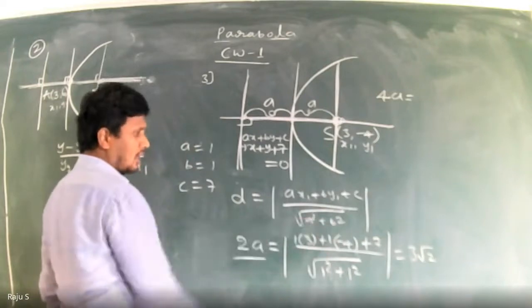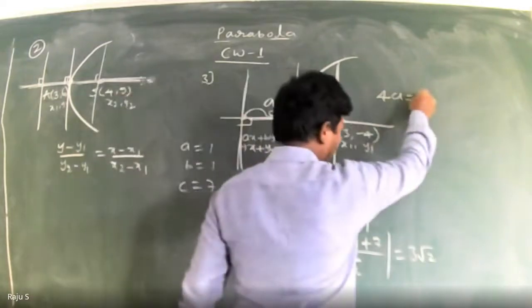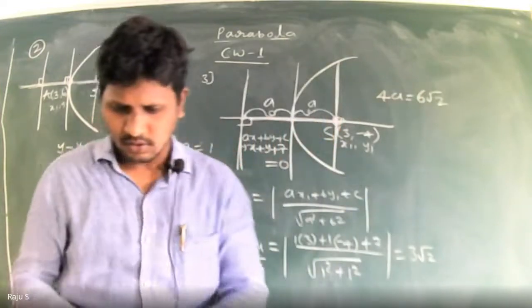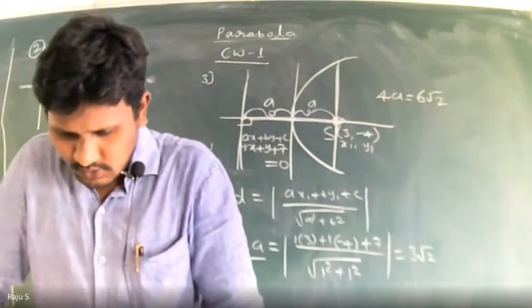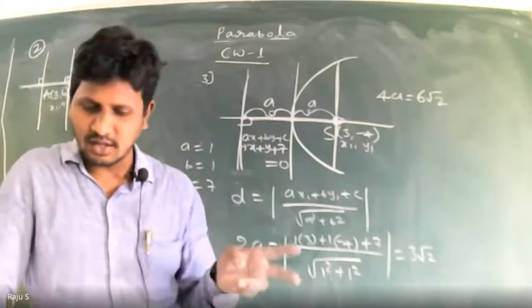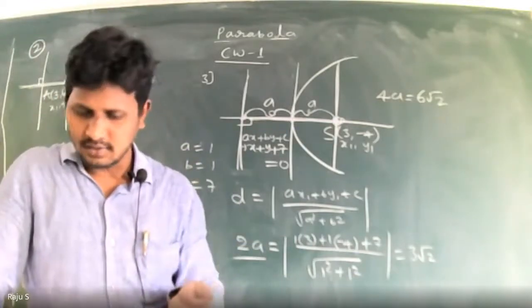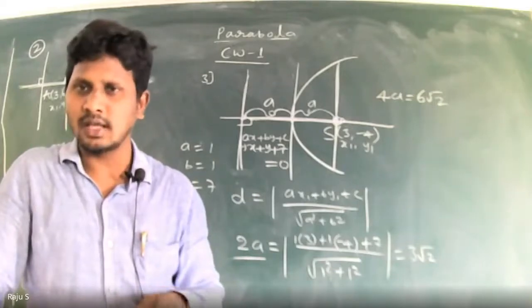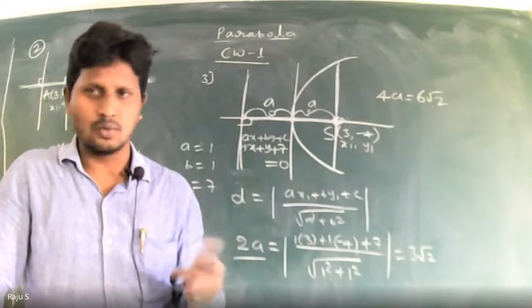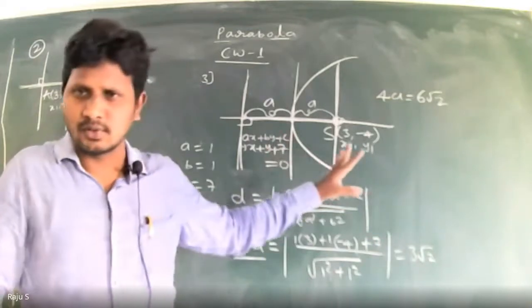When 2a is 3 root 2, what is the 4a value? 6 root 2. Is there any option? Yes, the fourth option is the correct option. First option, 3 root 2, wrong. Second, 8 root 2, wrong. Third one, 10 root 2, wrong. The last option is 6 root 2. All are very simple questions, right?